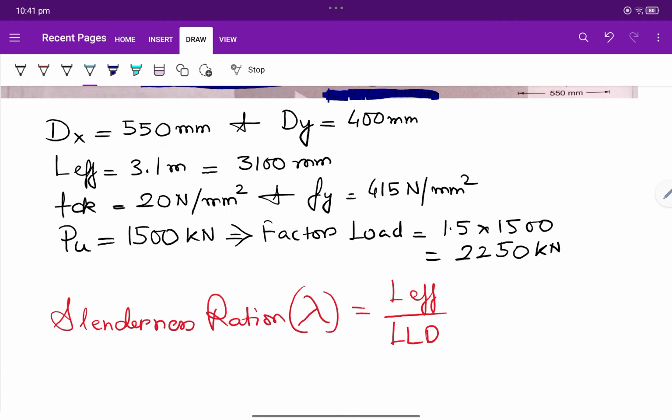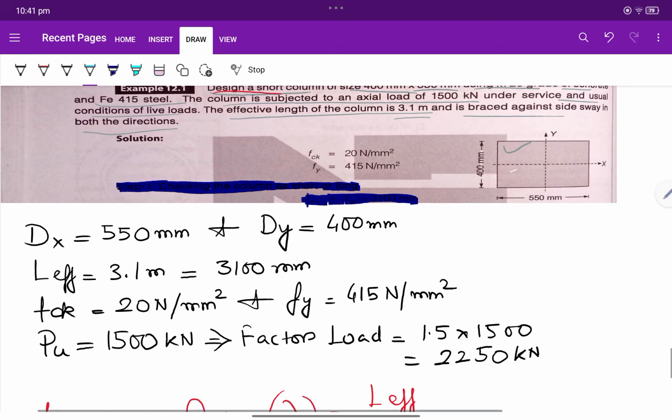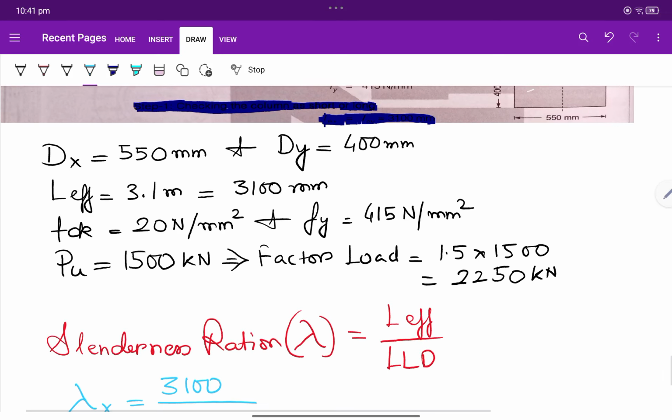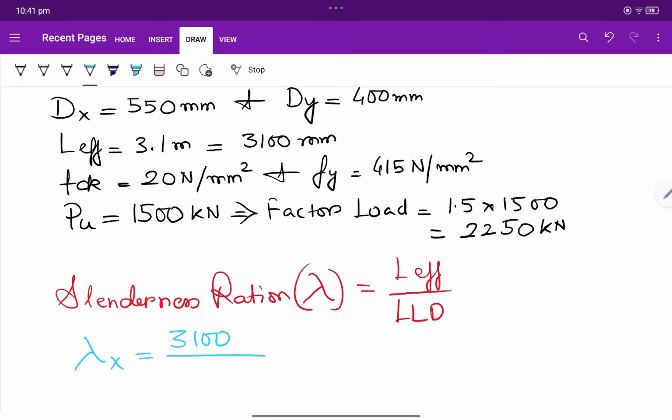Now the slenderness ratio for the x direction: the L effective value is the same, only the least lateral dimension will change. We have read earlier that for the x direction we will take the value of 550.